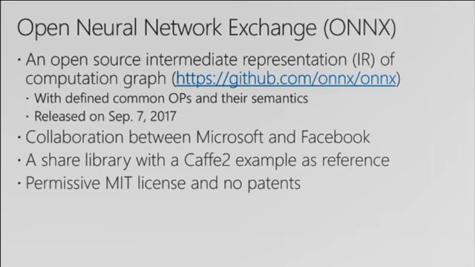It's out there on GitHub. We have defined a small set of common ops that will be common across CNTK, Caffe2, and PyTorch. This was released on September 7th, 2017. We already have a shared library with Caffe2 example as a reference. The whole ONNX thing is MIT license with no patents.